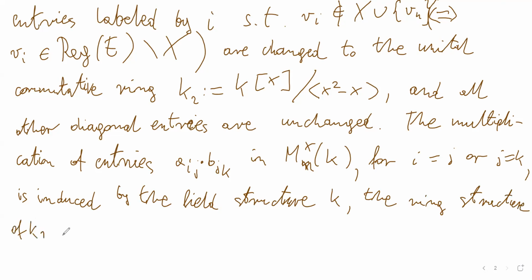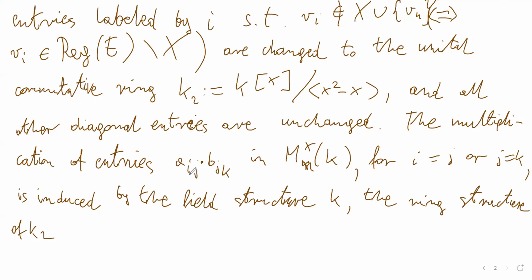But otherwise, I have to take into account the ring structure of K2. So imagine that I have, say, I equal to J and J equal to K. All right, so I'm multiplying AII by BII. And assume that BI is a vertex such that it is a regular vertex which is not in X. So I do not impose my second constraint relations. So I do have this funny unital two-dimensional commutative algebra. And then I just multiply in this algebra.